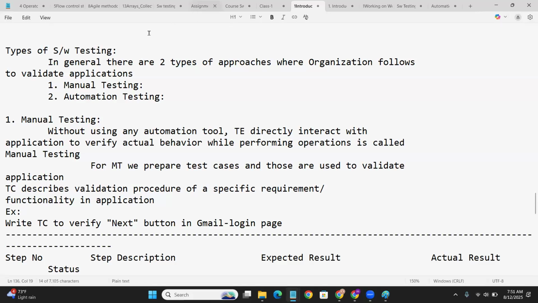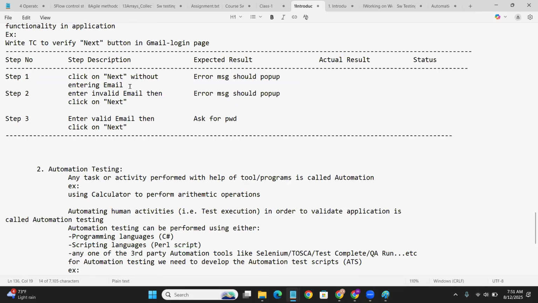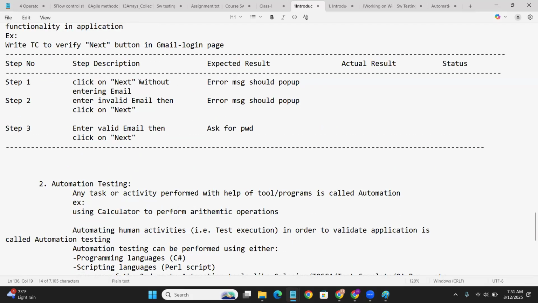Suppose I want to test the next button. The test case is going to look like this. Observe here. First step. What I have given here. Step one: click on the next button without entering the email. What is the expected result? An error message should be displayed. Step 2: enter an invalid email and click on next. Again an error message should be displayed.